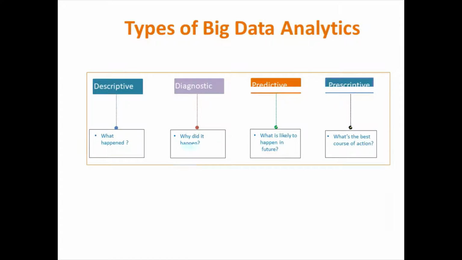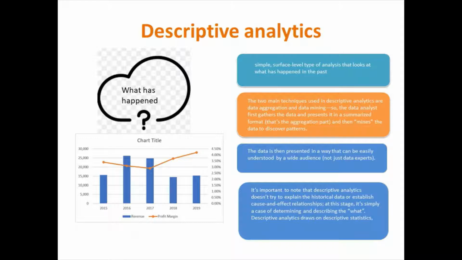First, let's see descriptive analytics. As I have said before, it aims to give the answer to what has happened, and it's a very simple, surface level type of analysis that looks at what has happened in the past. There are two main techniques used in descriptive analytics, which are data aggregation and data mining.